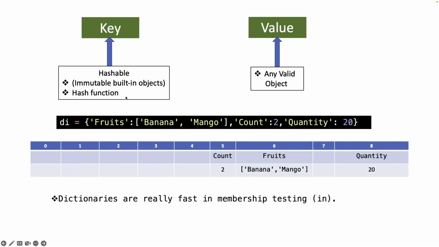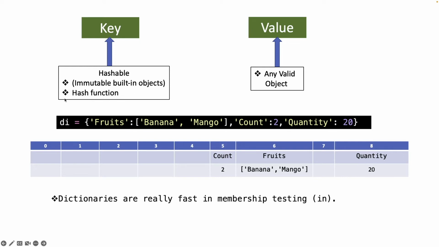A key could be only a hashable item, and all the immutable built-in objects are hashable. We can create different custom objects which could be hashable or non-hashable, but that part we will talk about later when we cover object-oriented programming.